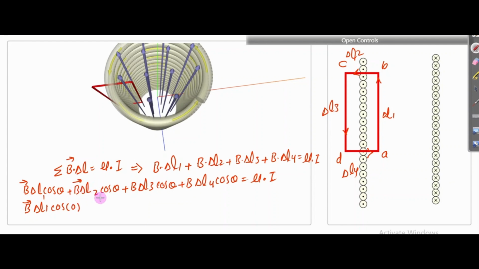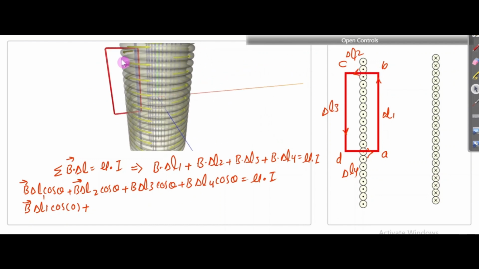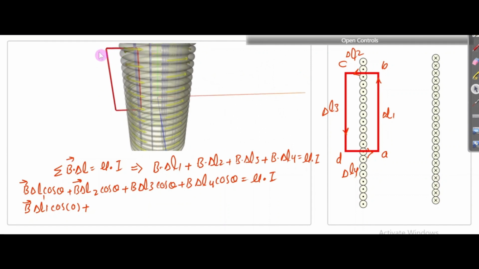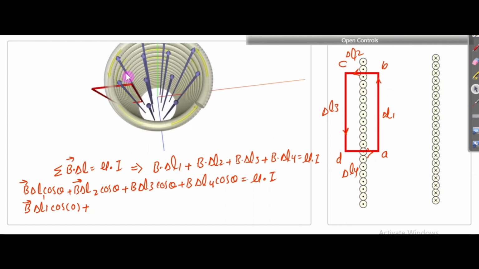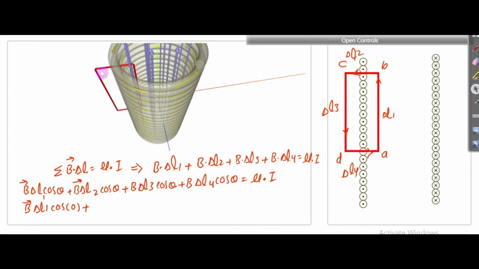Okay. And now for the magnetic induction B and del L2, the angle will be here. From the diagram, this side of the Amperian loop is directed from right towards left. This is del L2, part of the Amperian loop, and here the direction of the magnetic field is perpendicular to this side of the Amperian loop.